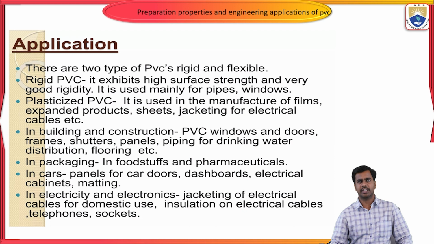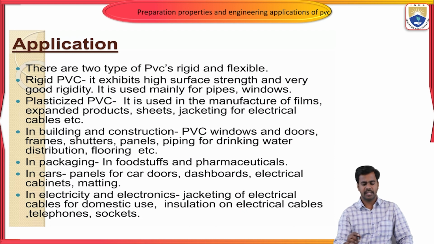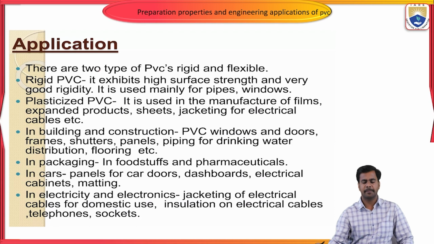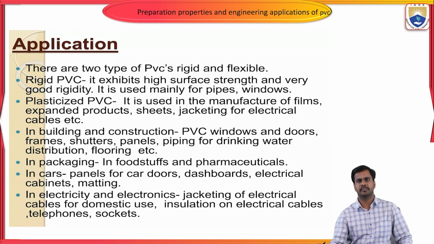Next, coming to the applications. So usually we know that, as I told you, there are two types of PVCs, that is rigid PVC and flexible PVC. So let us see the applications of rigid and flexible PVCs. So first, rigid PVC exhibits high surface strength and very good rigidity.